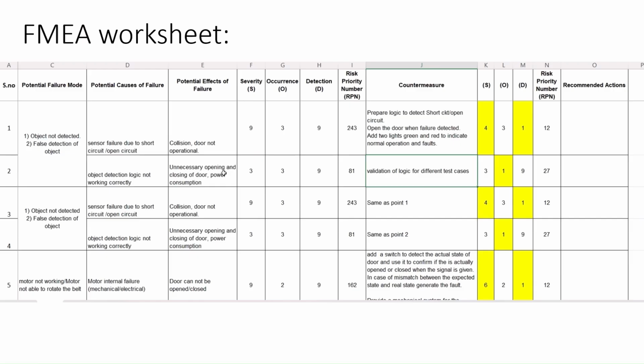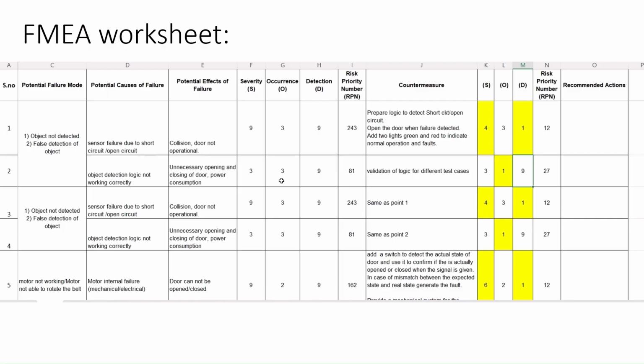Similarly, for the logic not working, the false detection or the object not detected, we can have validation of logic for different test cases during development so that the occurrence is reduced. However, detection is again not possible if something happens during the working of the system in the aftermarket, so it is kept as 9.